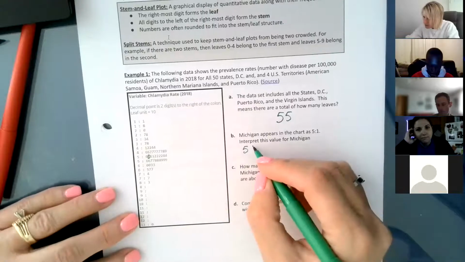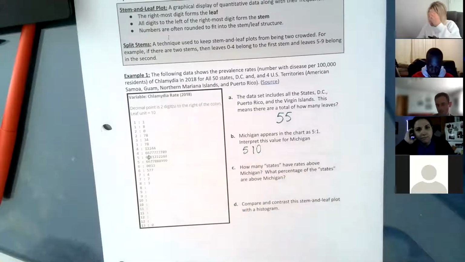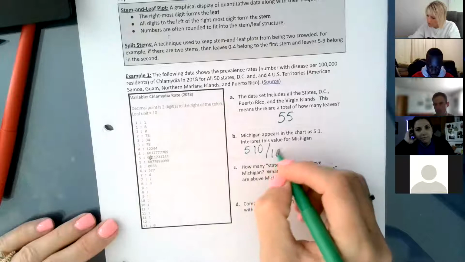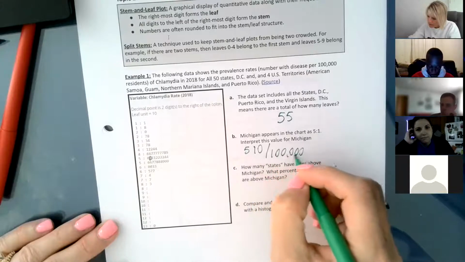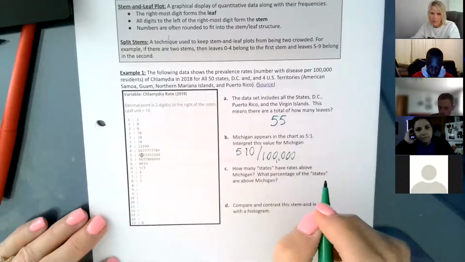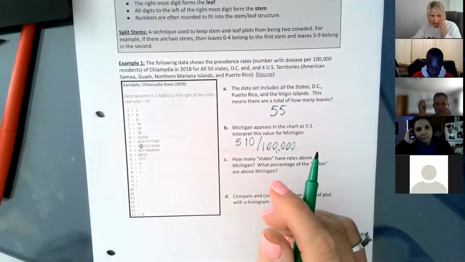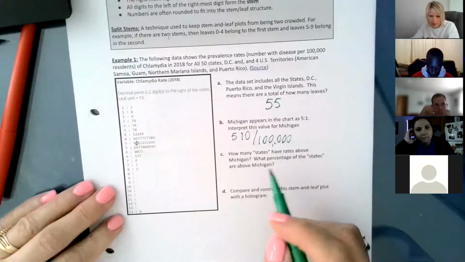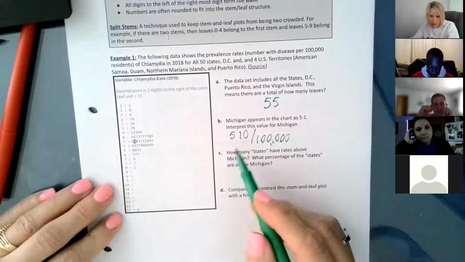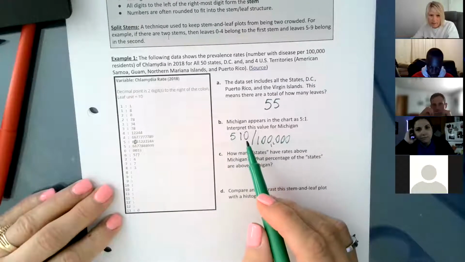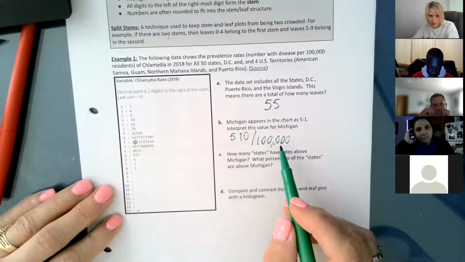So this is actually 510 per 100,000. Usually the stem and leaf plots aren't that hard to read, and we don't do many of these in the class. This one is a little bit harder to figure out than others. So they have 510 cases per 100,000 people in the state.